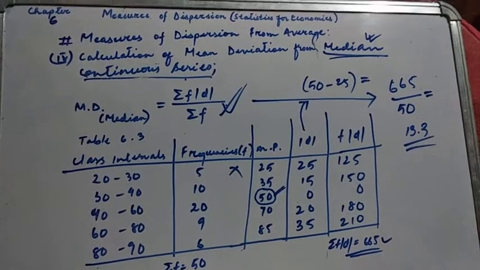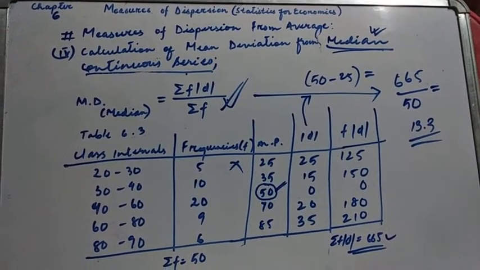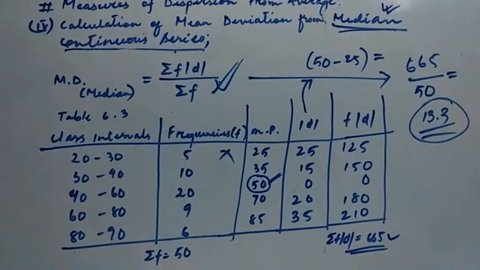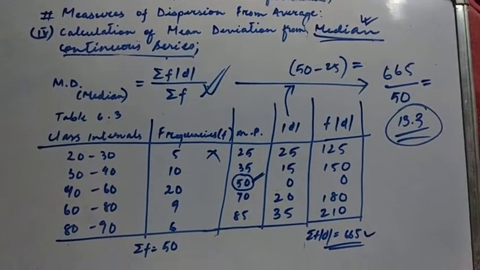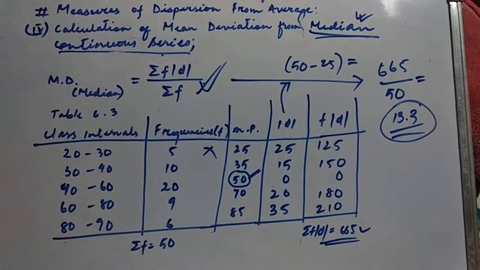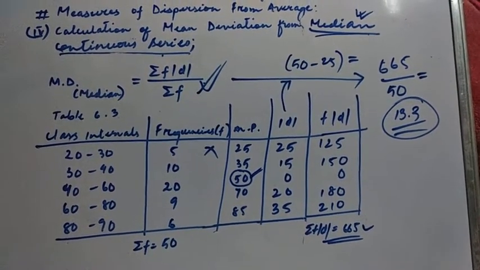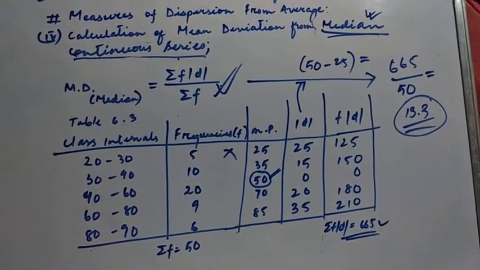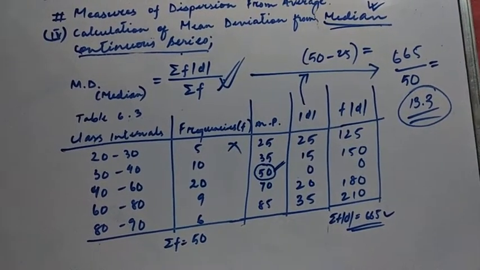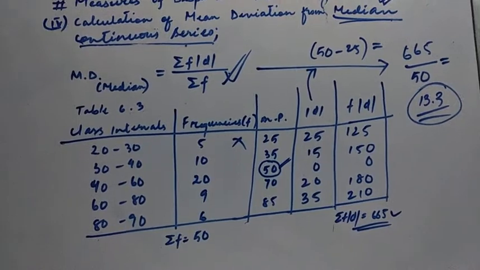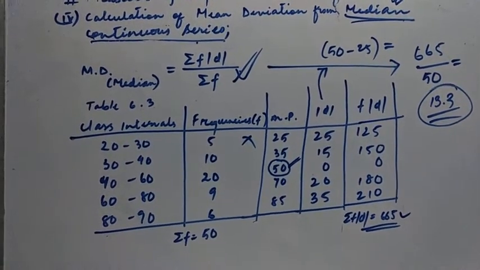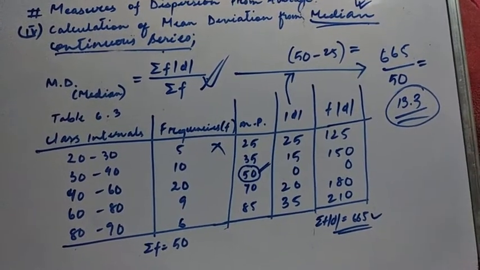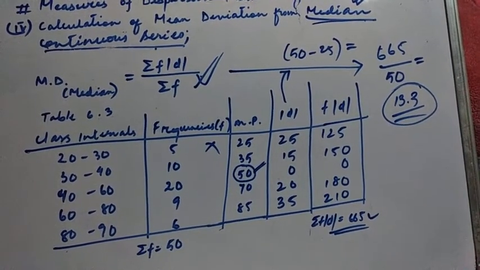That is the calculation of mean deviation from median for continuous series. So that is how you calculate the mean deviation. Next we will discuss standard deviation. Under standard deviation you will again have ungrouped data and continuous series, and under each you will have four methods: actual mean method, assumed mean method, direct method, and step deviation method.